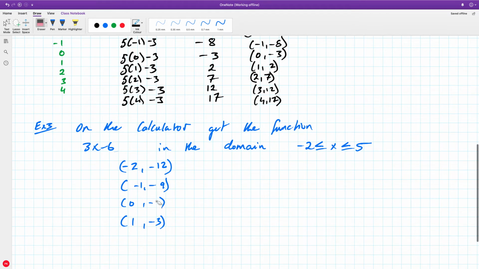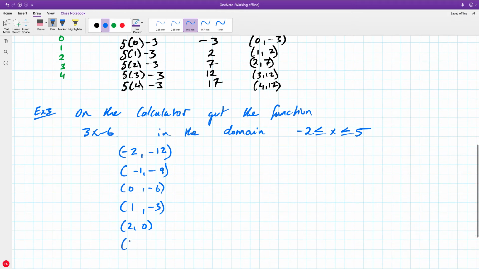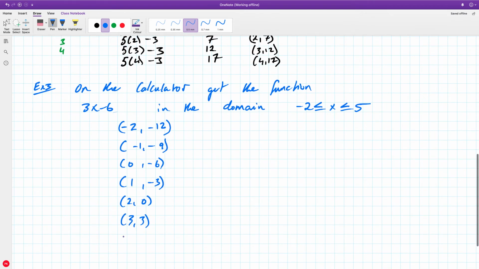Can't read me on calculator. 0 and minus 6. 1 and minus 3. 2 and 0. 3 and 3. 4 and 6. And 5 and 9.